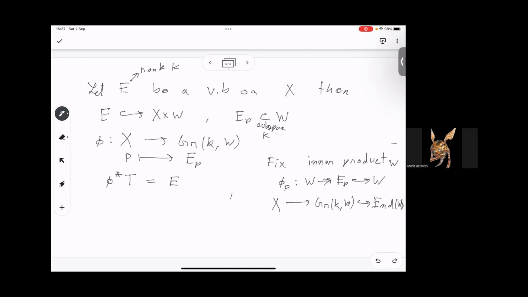Now we have a trivial bundle sitting inside another trivial bundle, so the orthogonal projections must vary continuously.